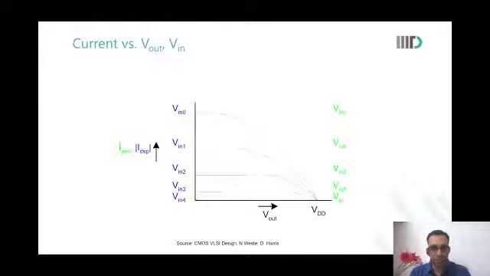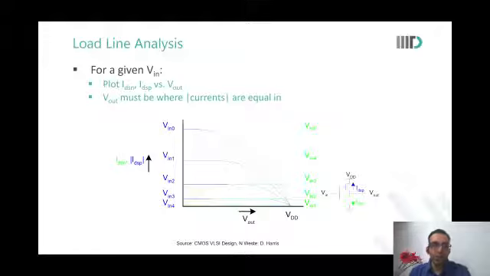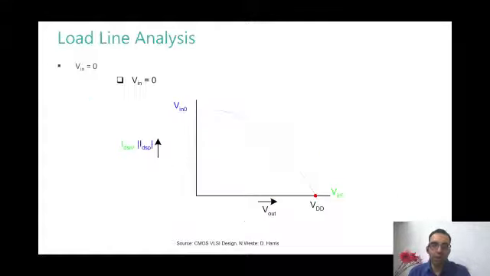So what happens now? We start to say that for a given IDSN and IDSP, what will be the value of V out? Can we make that out? So V out is all those points where the current values are equal. Can we say this? So how does this appear then?